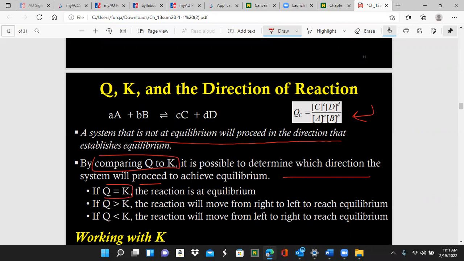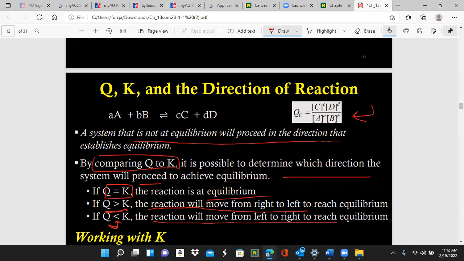So we can compare Q and K, and we can determine which direction the system will proceed. If Q is equal to K, the system is at equilibrium. If Q is greater than K, the reaction will move from the right to the left. Q larger than K means more products are there, so it's product heavy. Q less than K means the reaction will move from the left to the right. It means it is reactant heavy.